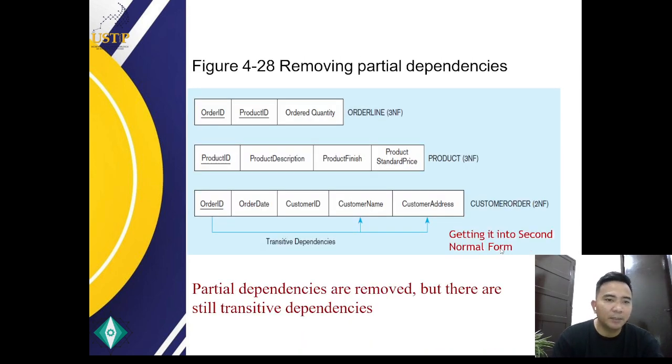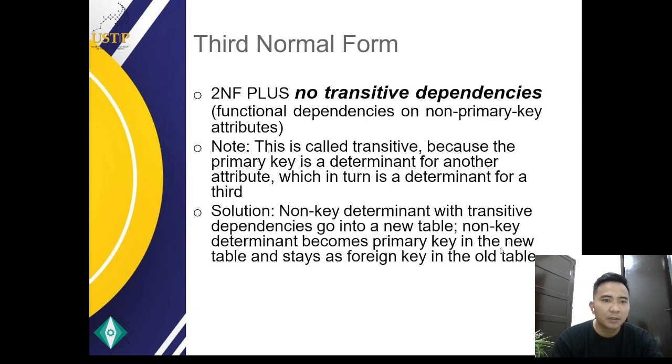So removing partial dependencies, we have the third normal form. Okay, so partial dependencies are removed but there are still transitive dependencies. Okay, you can pause. So in the third normal form: second normal form plus no transitive dependencies, that is, no functional dependencies on non-primary key attributes.